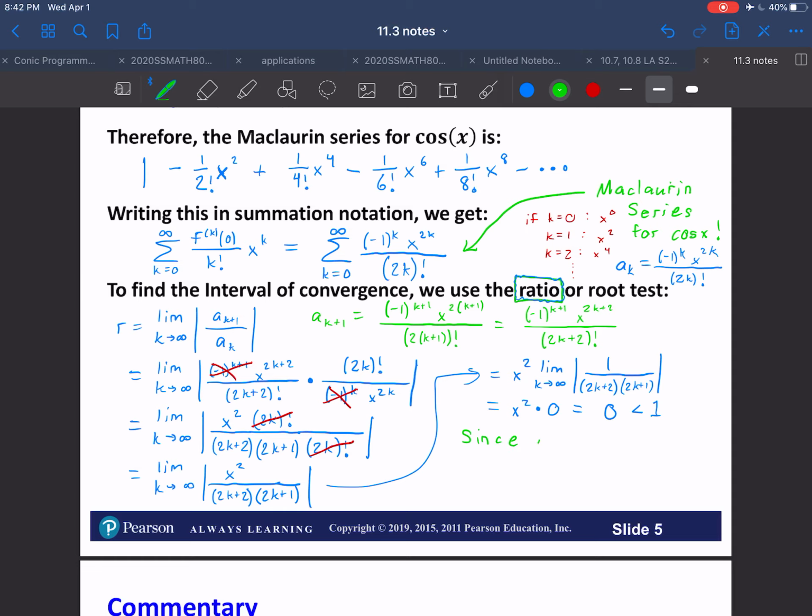Since r equals 0, which is less than 1, for all x, this sum from k equals 0 to infinity of -1 to the k times x to the 2k over 2k factorial converges for all x.